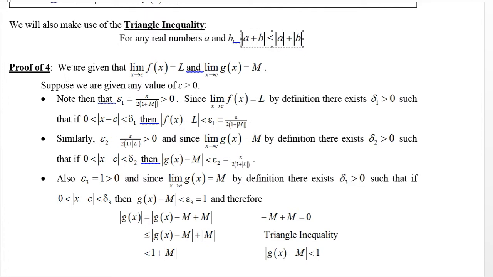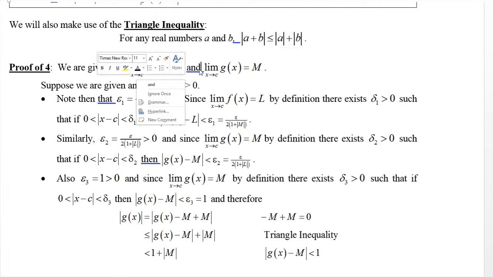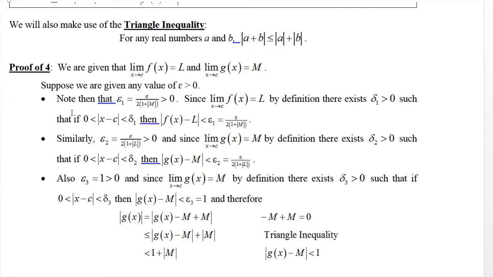All right, so here we go. Suppose we are given that the limit as x approaches c of f of x equals L, and the limit as x approaches c of g of x equals m. Then that's the hypothesis. Now, suppose we're given any value of epsilon greater than 0.